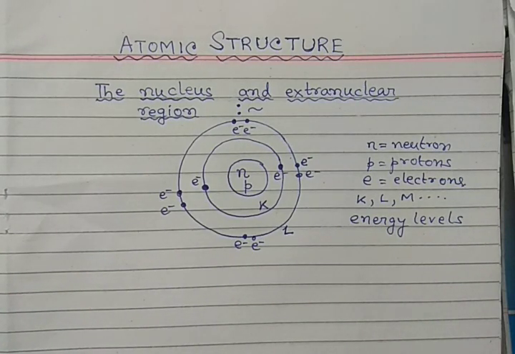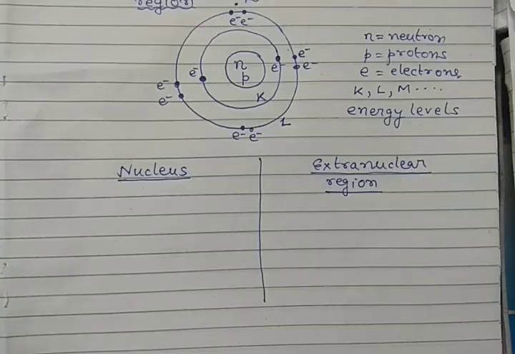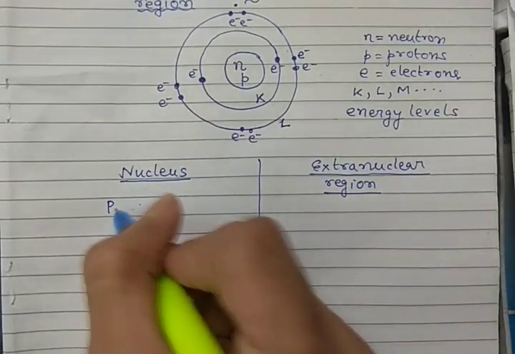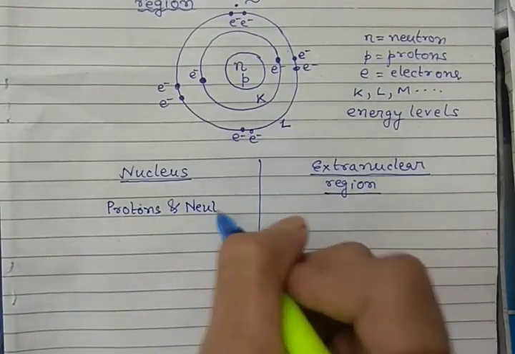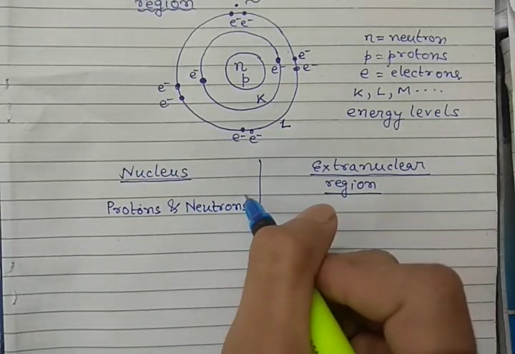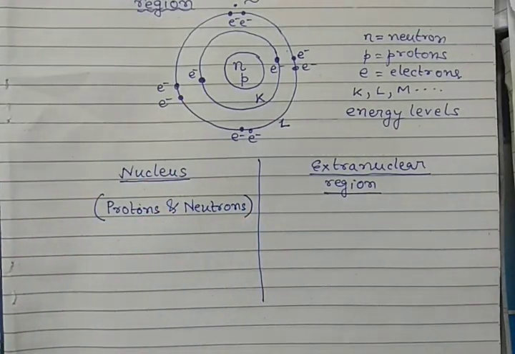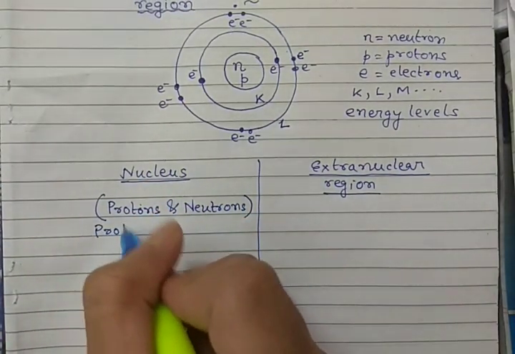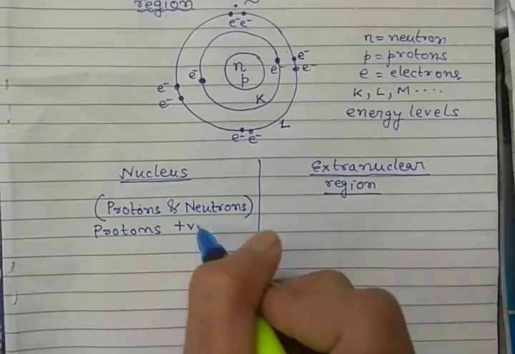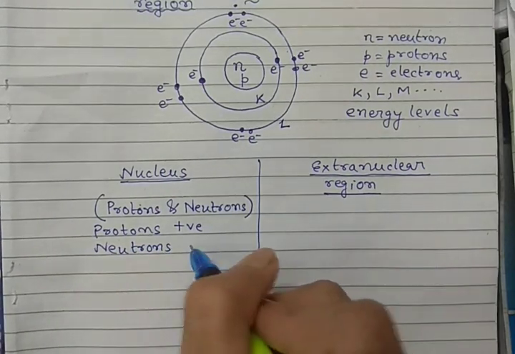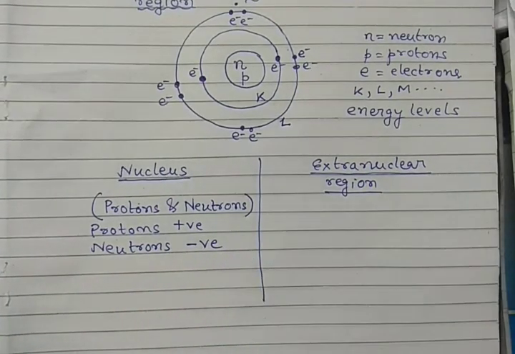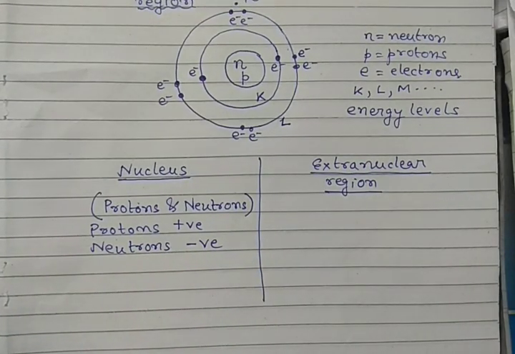So the nucleus and the extranuclear region, okay? What is found in the nucleus and what is found in the extranuclear region? The nucleus consists of protons and neutrons, okay? Protons are positively charged whereas neutrons are negatively charged, okay?